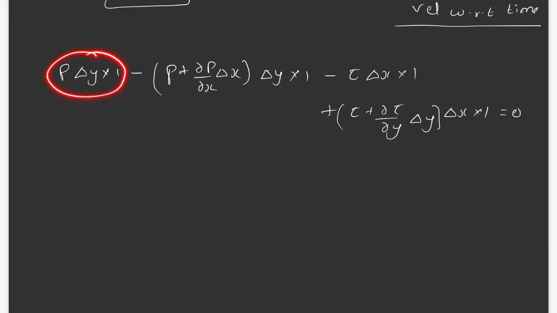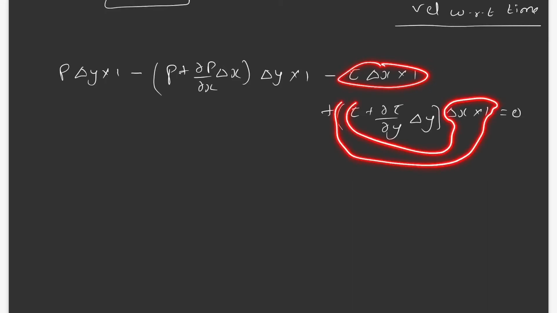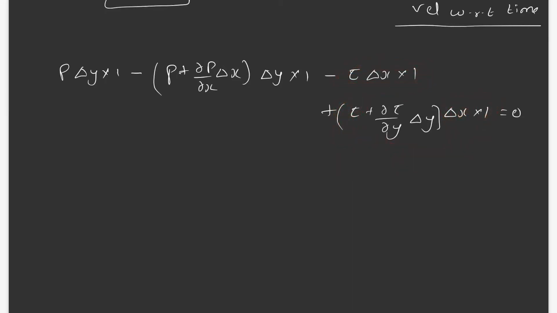This value and this value multiplied, they get cancelled. This value and this multiplied, they get cancelled. So in the end what we get? Minus ∂p/∂x ∂x ∂y plus ∂τ/∂y ∂y ∂x is equal to 0.